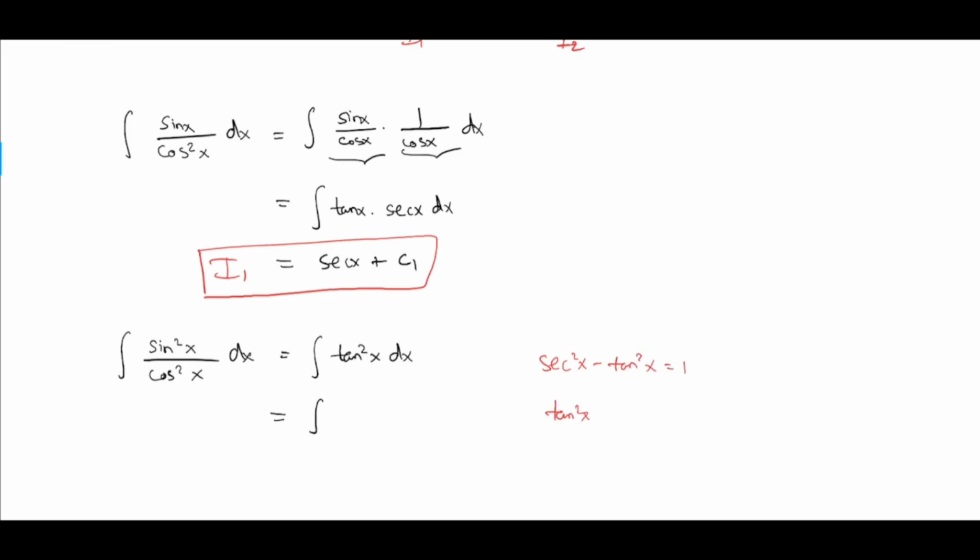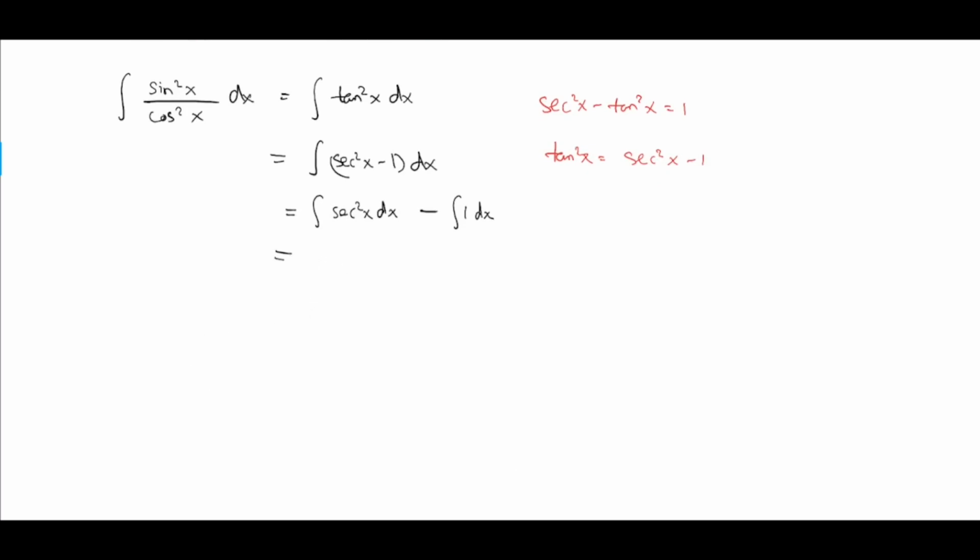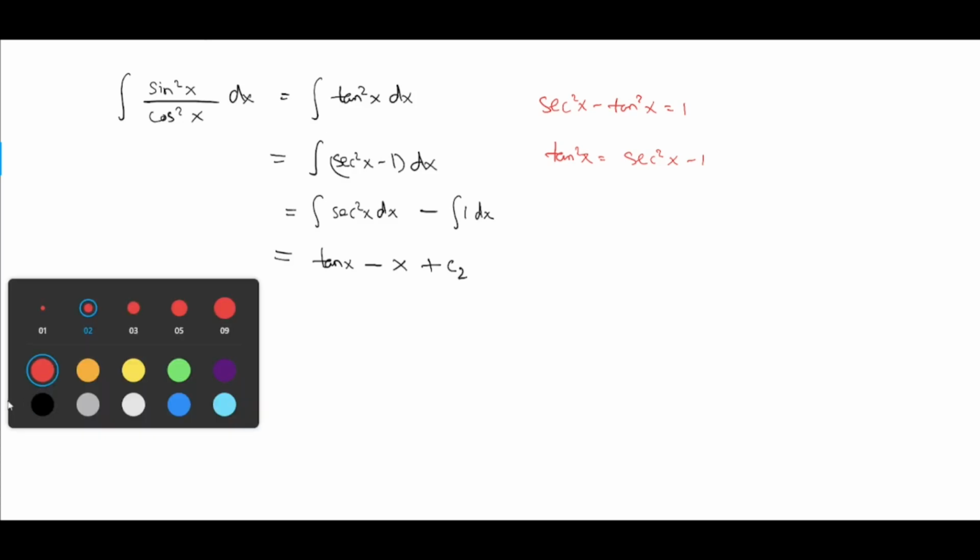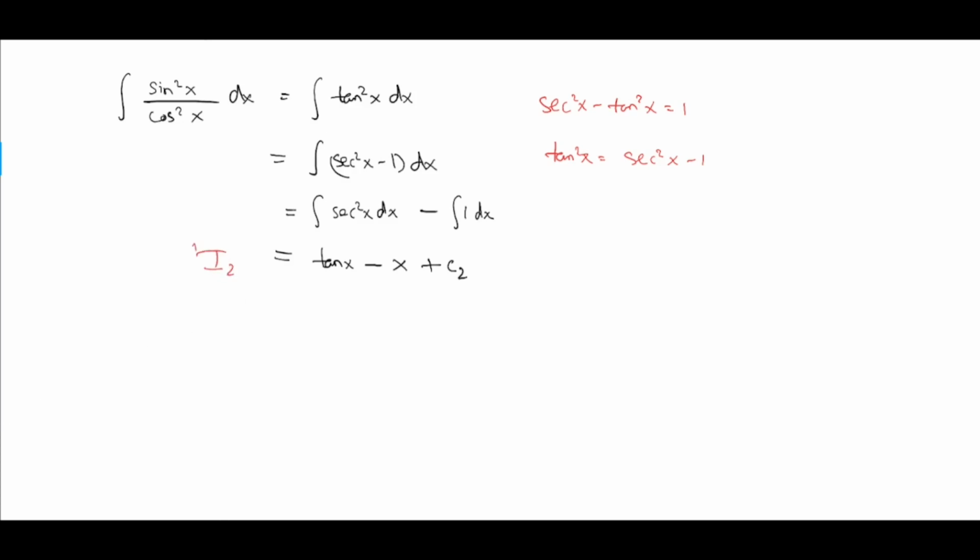From this, tan square x can be written as secant square x minus 1, which I'm going to substitute here. This is the integral of secant square x dx minus 1 dx. We know the integration of secant square x is tan x, and of 1 is x, plus c2. And this is the part for I2.